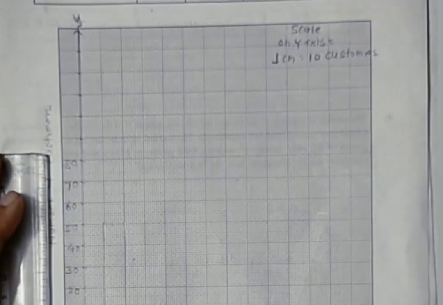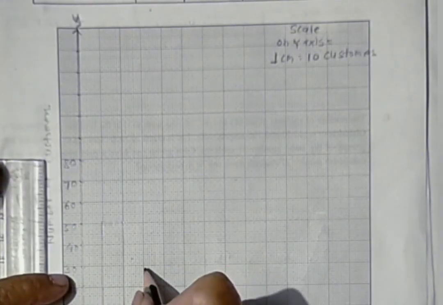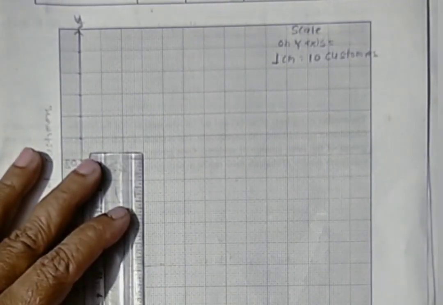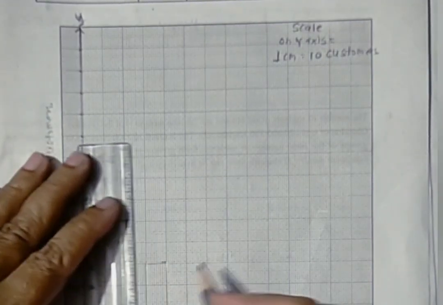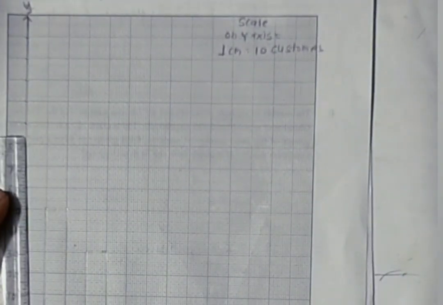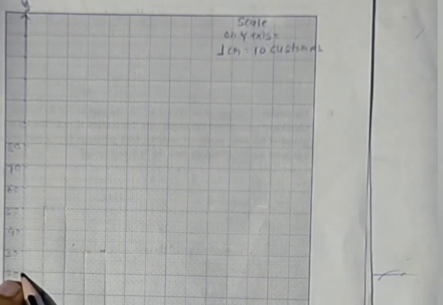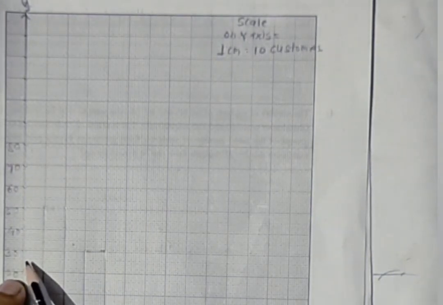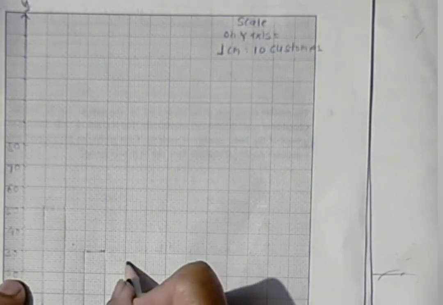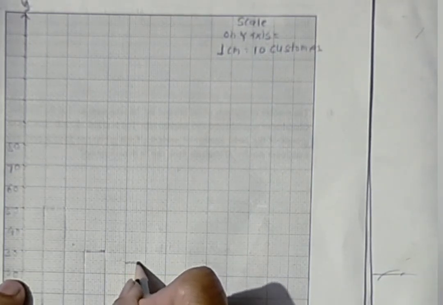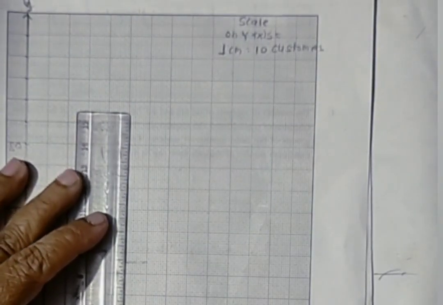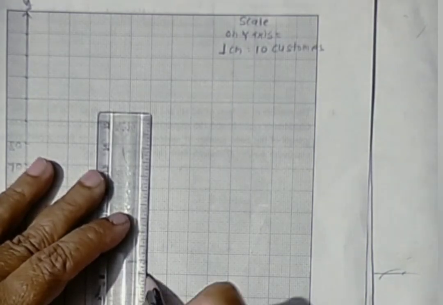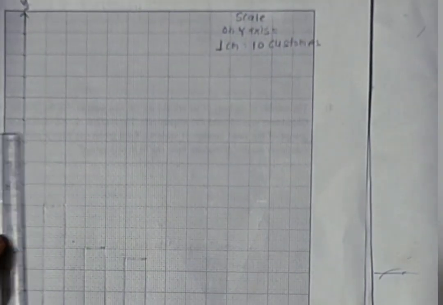Then pineapple, 30. Here is the 30. Apple, 25. Here is the 20 and here is the 25. Take 5 lines. Mango, 65.